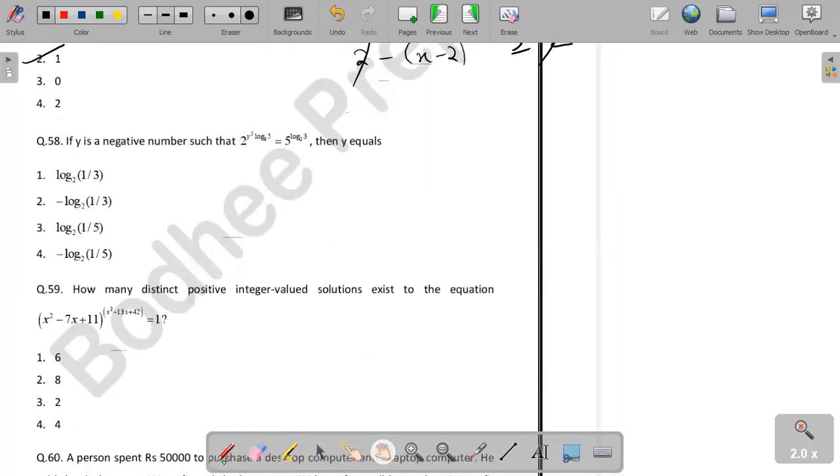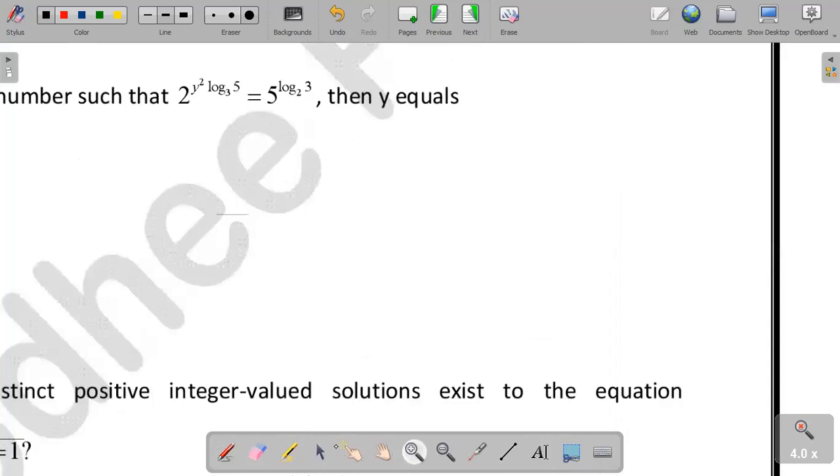Now let's move to this question. I know one property. I will try to apply that. But let me first read what the given thing is. Okay, so I make it to the power, so that would be y square. And then I will place 3. There is no point in replacing that.